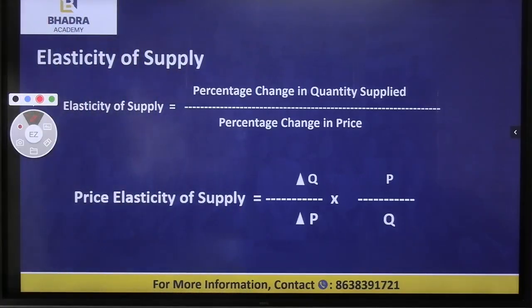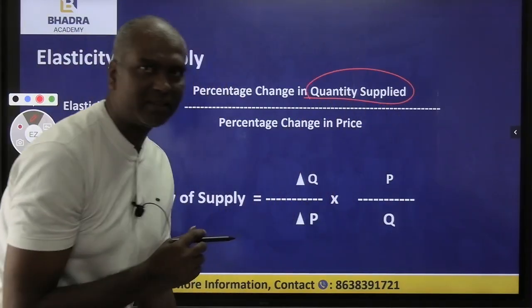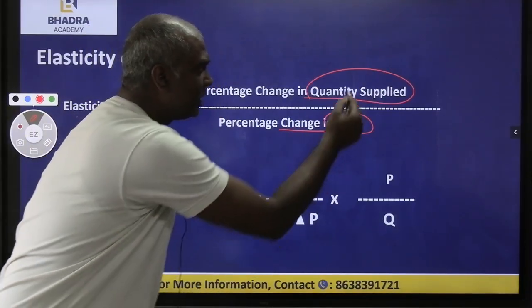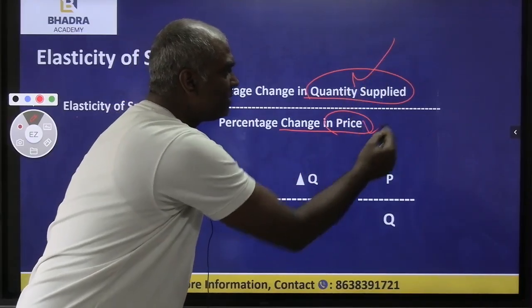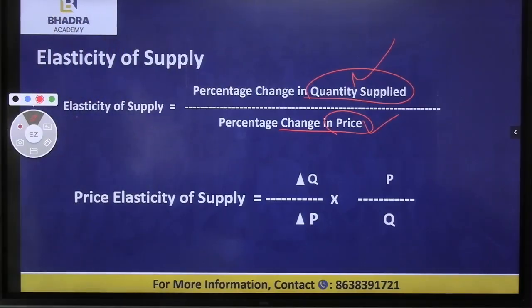Now what is the formula for elasticity of supply? Look at the formula: elasticity of supply is equal to percentage change in quantity supplied divided by percentage change in price. So the percentage we have to calculate. Now the same thing you can put in a mathematical formula.